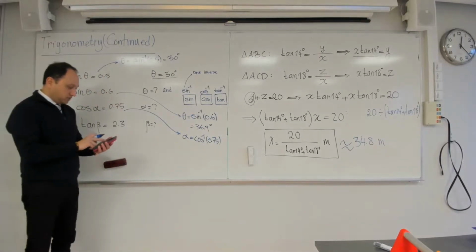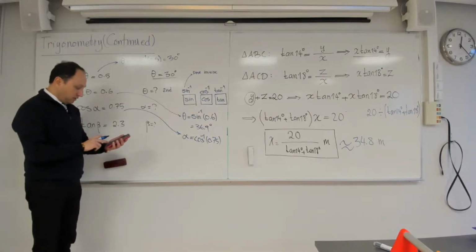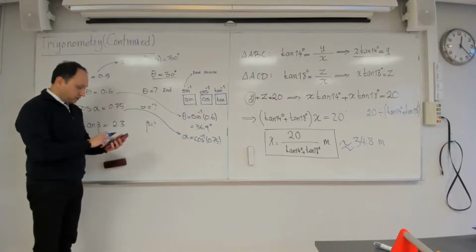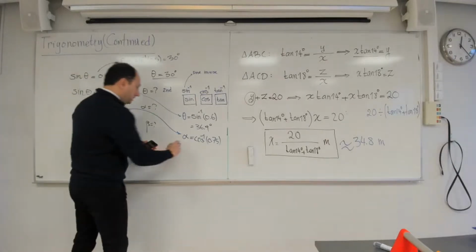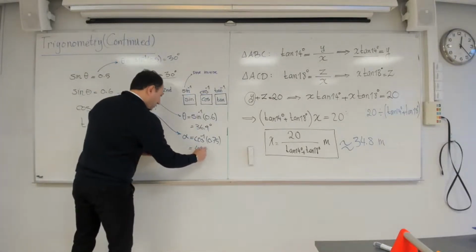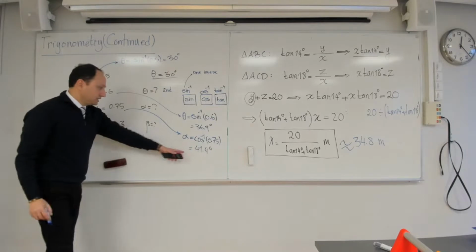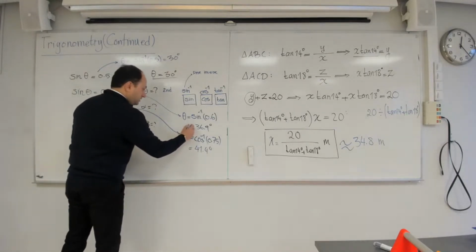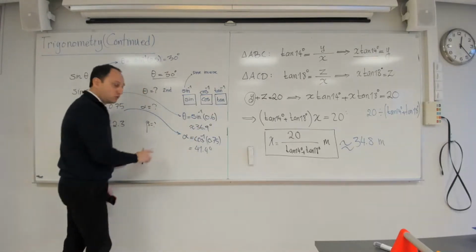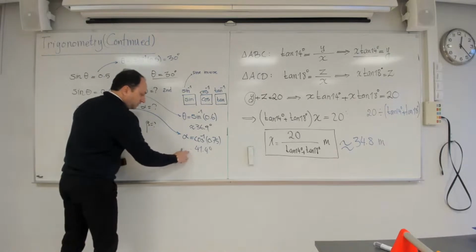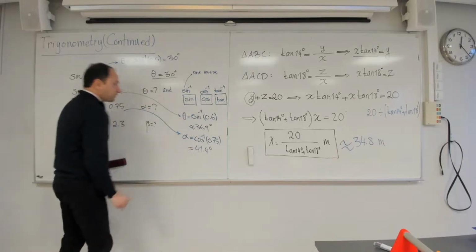What I need to do is write shift cosine inverse in front of it, 0.75 equal. So this gives me 41.4 degrees. Of course, this is approximate, so let me fix it. This is exactly equal. But if you want to write the decimal, this is approximately equal.